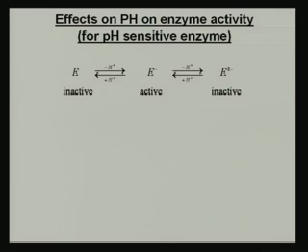So what happens when you go beyond the pH range where the enzyme is supposed to be active? I'll show you this. Because of the effect of pH, there's a proton transfer. There's a hydrogen ion transfer, and the enzyme is typically assumed to be active in this E- form.